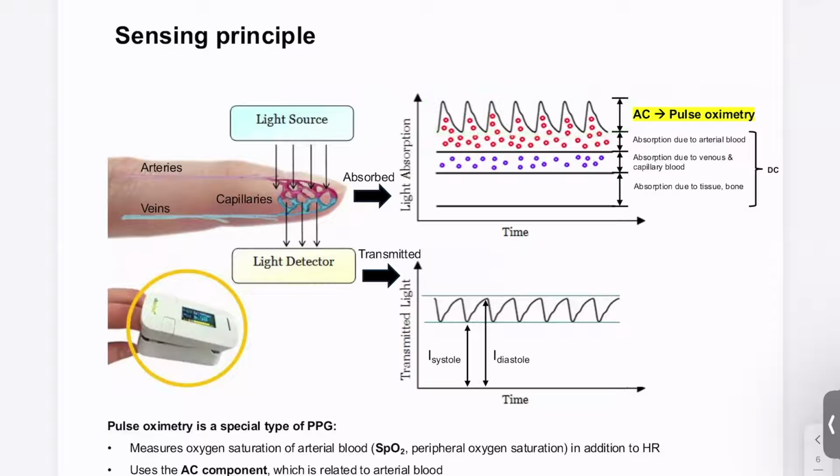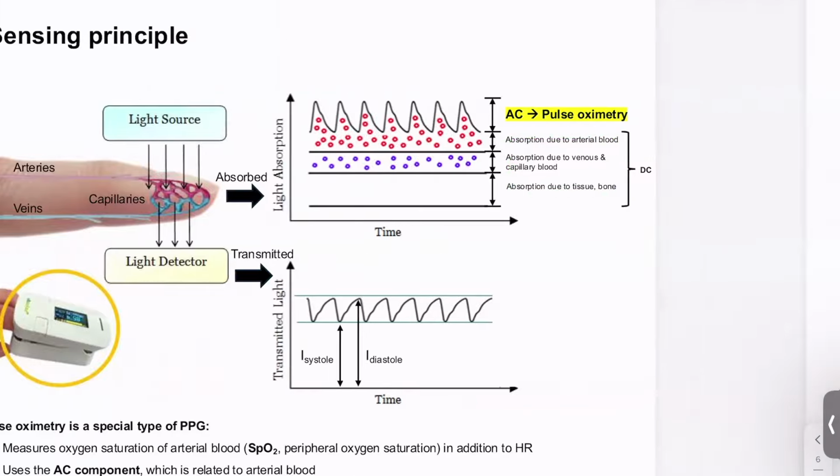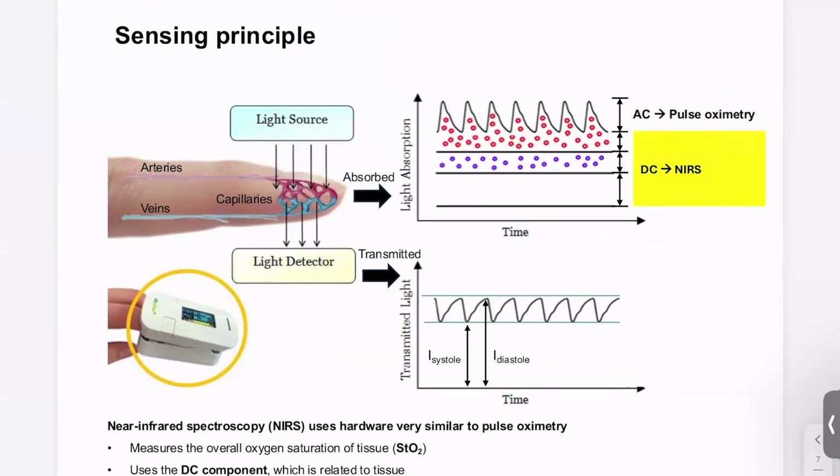Then we also have the DC component. The DC component consists of a lot of different contributions, but this is the overall absorption of your tissue. So if we look at the DC component, we will be able to get the overall oxygen saturation of tissue, StO2, T as in tissue.